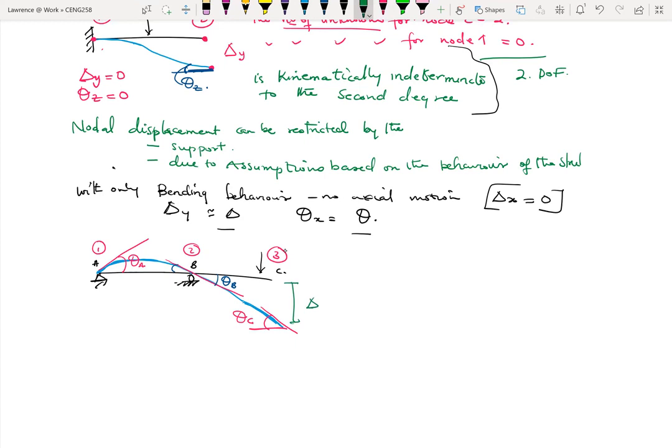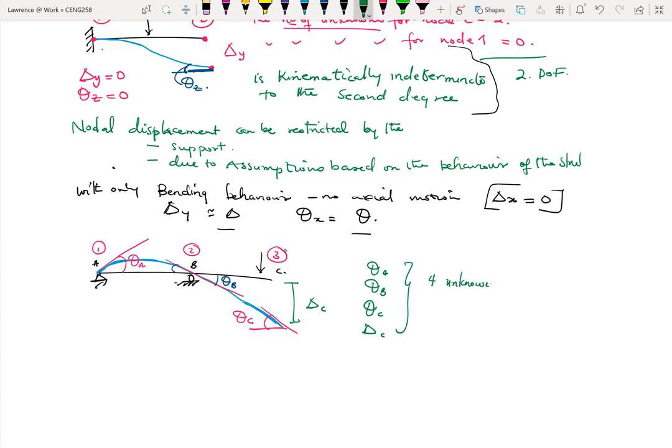So for this structure we have theta A, theta B, theta C, and delta C. In all, we have 4 unknowns.